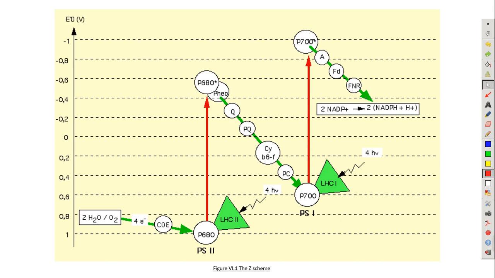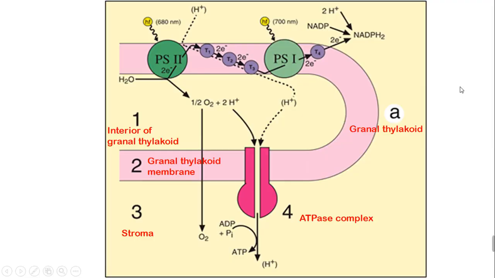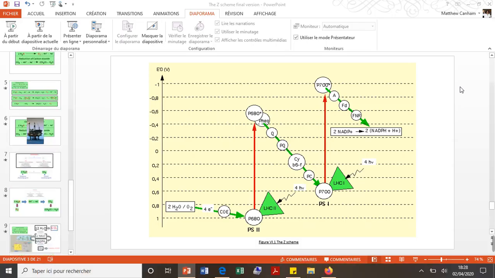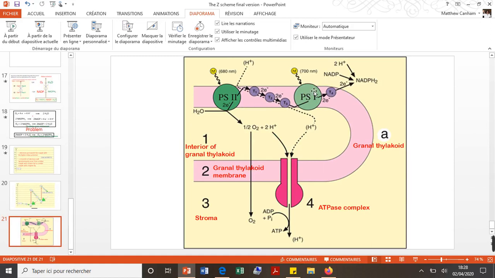But we had to do all these recaps for you to understand why some reactions were possible and some were not. Okay, so last recap. The Z scheme is in the thylakoids, so remember that the Z scheme is embedded within the thylakoids.